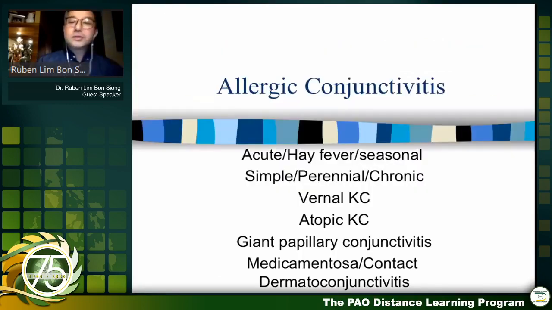Okay, so we've covered the most common type of infectious conjunctivitis. Of course, there will be your staphylococcal conjunctivitis, streptococcal conjunctivitis, moraxella conjunctivitis. Those are the other bacterial conjunctivitis you have to think about.